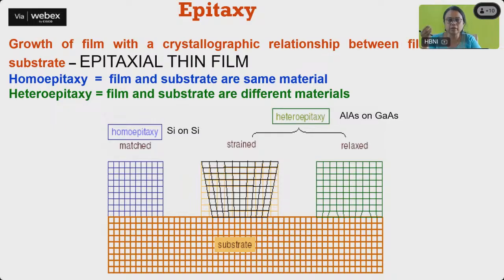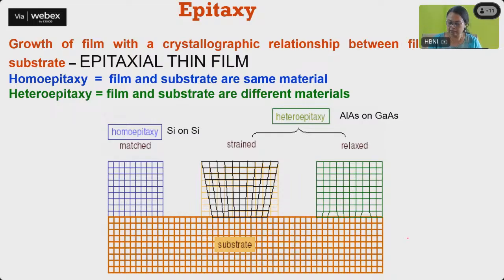When we are using a single crystal substrate and we wish that the film which is growing should take up the crystallinity or the crystallographic relationship of the substrate, it is called epitaxial thin film growth. So what is basically epitaxy? Epitaxy means growth of a film with a crystallographic relationship between the film and a substrate.